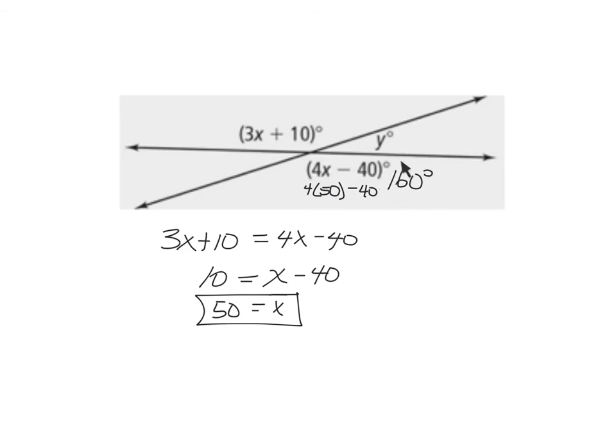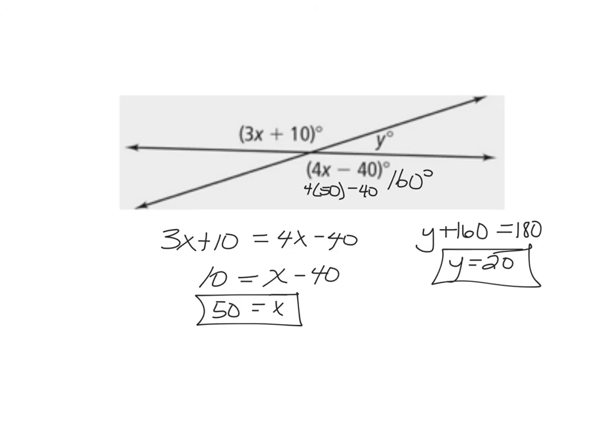So 160 plus y had better be 180, because those two are supplementary, they're a linear pair. Subtract 160 from each side, and now y is going to be 20. So I found the value of x, and I found the value of y.